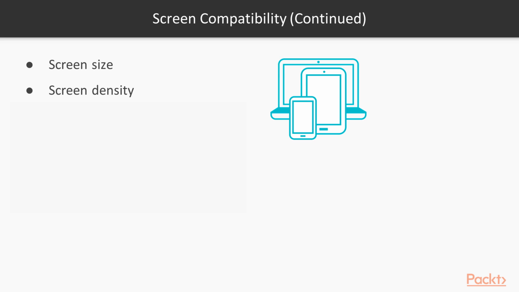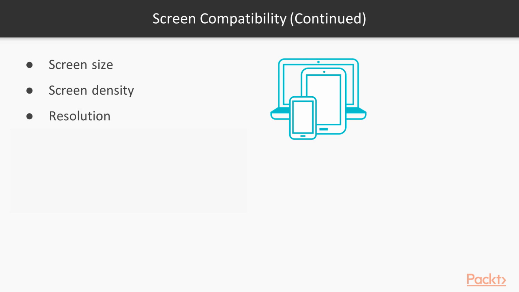For example, a low-density screen has fewer pixels within a given physical area compared to a normal or high-density screen. Android groups all actual screen densities into 4 generalized densities: low, medium, high, and extra high.